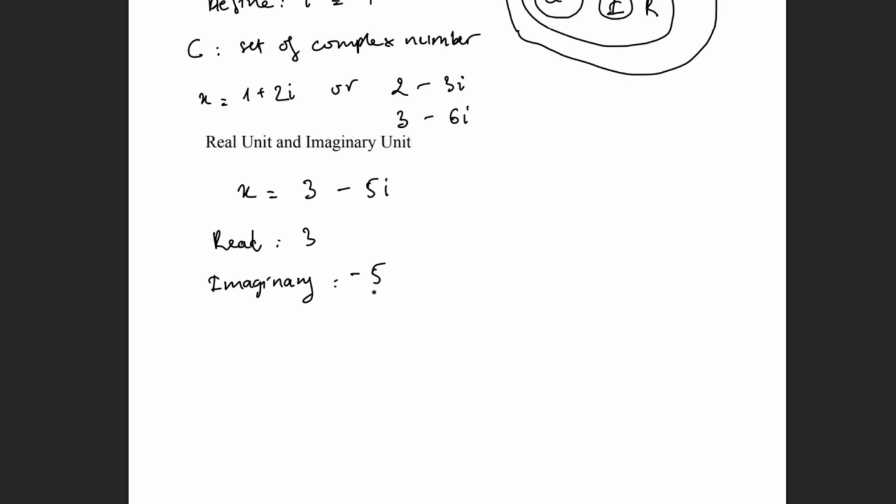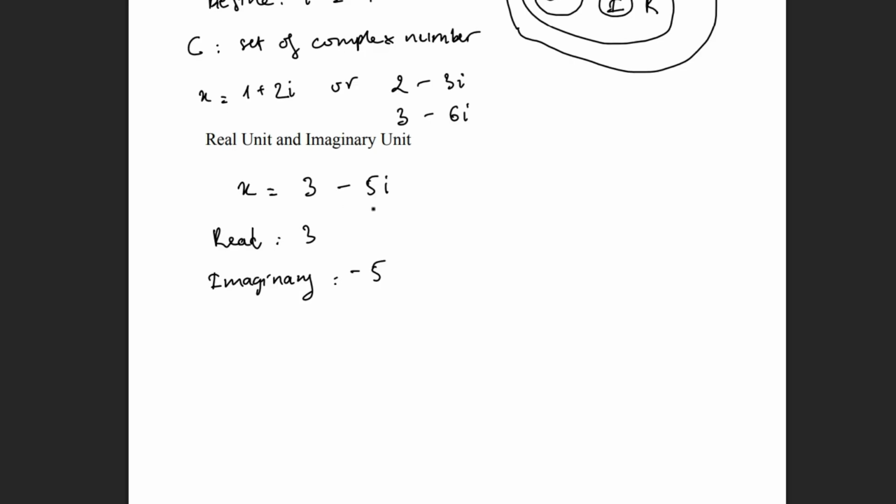Okay, so how do we define real and imaginary parts? The real part is the number standing alone, and the imaginary part is the number coming before i, I mean the coefficient of i, which is minus 5.